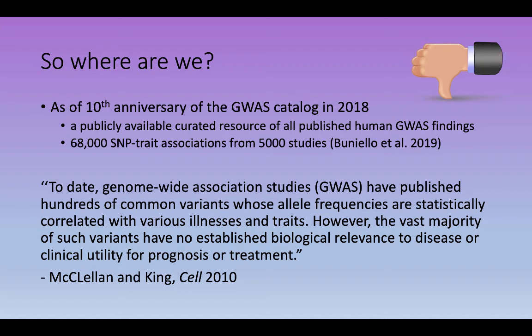Remember I talked about the CDCV proposition. It's targeted a lot of common variants, and it's been very successful at identifying common variants that are associated with common diseases. However, for the vast majority of other variants, we don't understand what they do or why they're there.